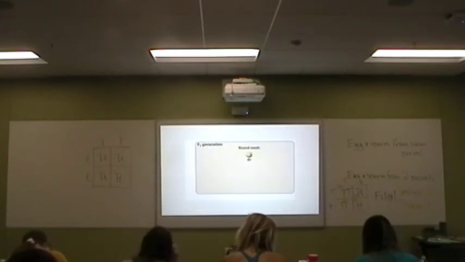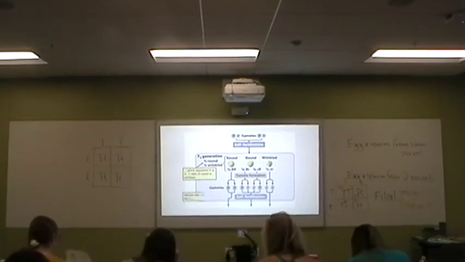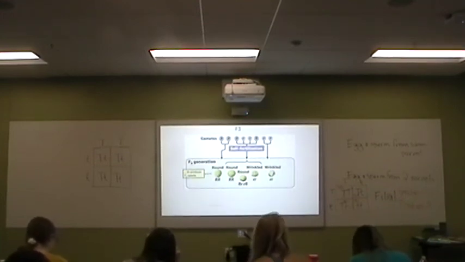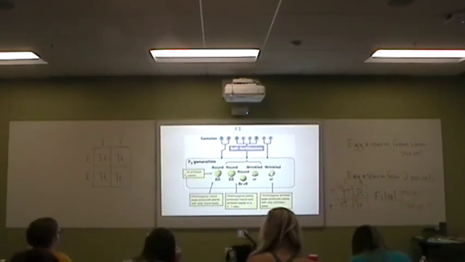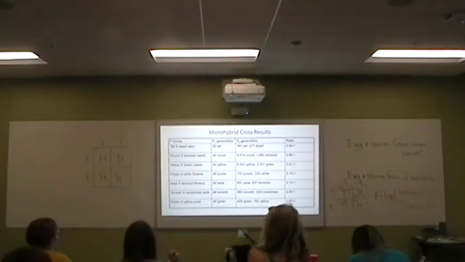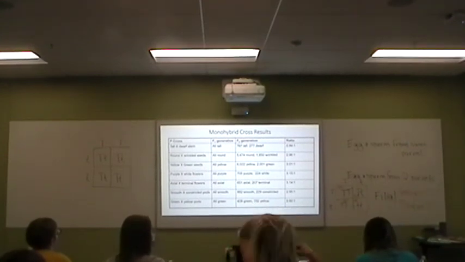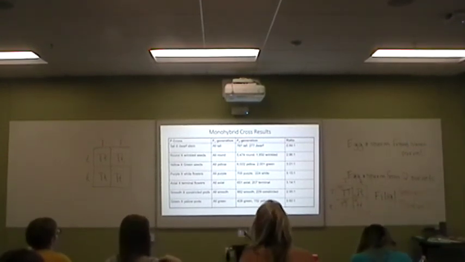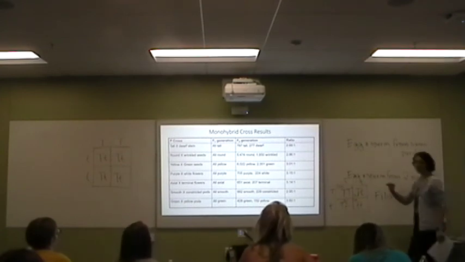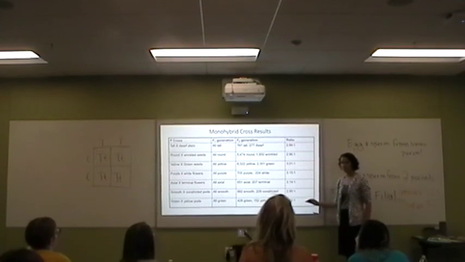And this is just more of the same. All right, and so this is just a table that wraps up all of Mendel's experiments, all of his traits for the monohybrid. And you can see, and we'll talk about this on Monday, are any of these perfectly 3-to-1?